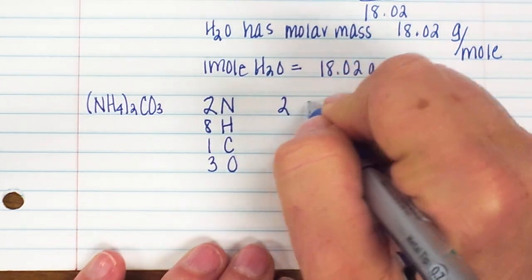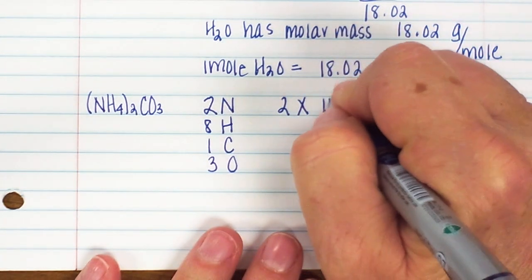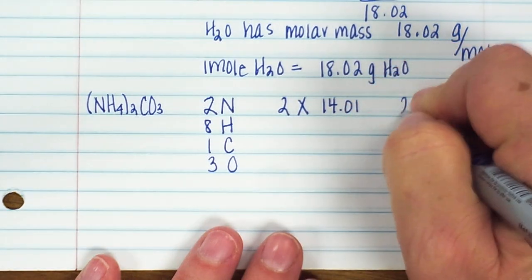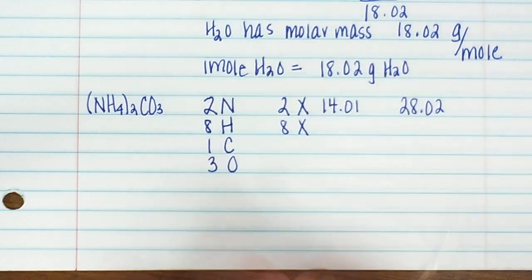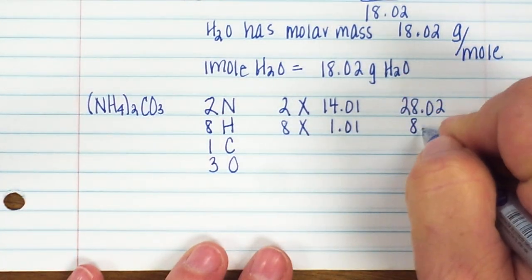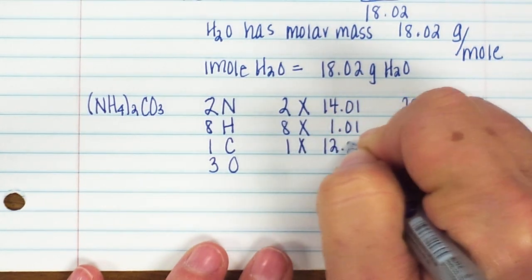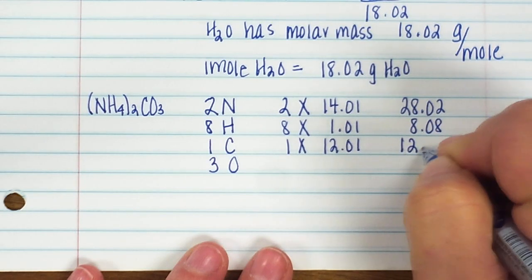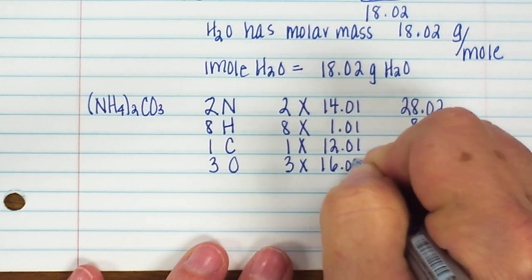So 2 times, I look up the nitrogen mass on my periodic table, 14.01, so that gives me 28.02. 8 times, I look up hydrogen on my periodic table, 1.01 is 8.08. 1 times carbon, which is 12.01, so I get 12.01. And 3 times 16, which is 48.